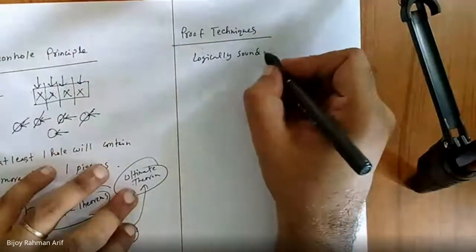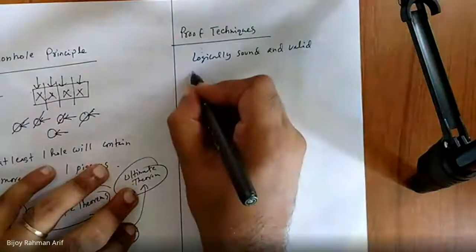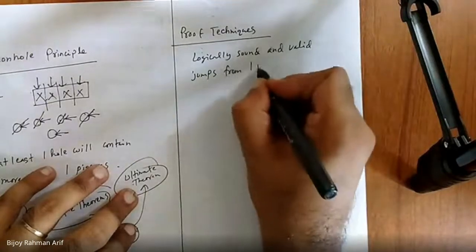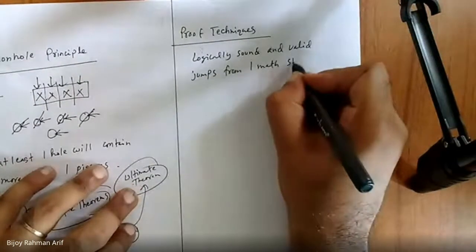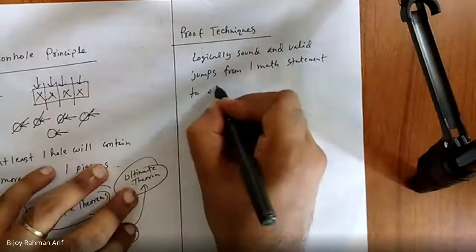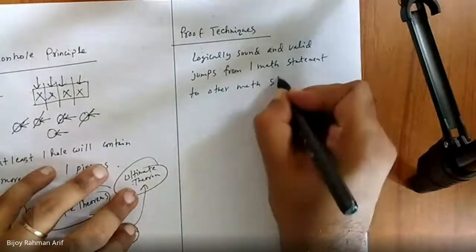Logically, a proof technique is nothing but logically sound and valid jumps from one math statement to another math statement.